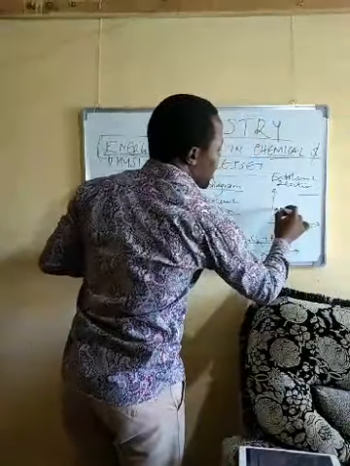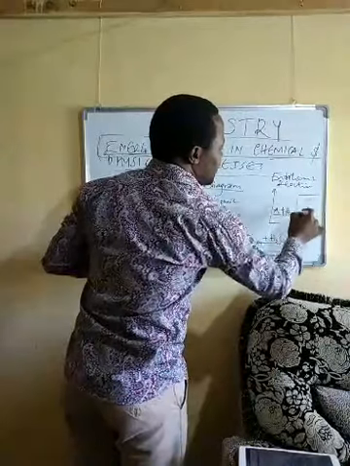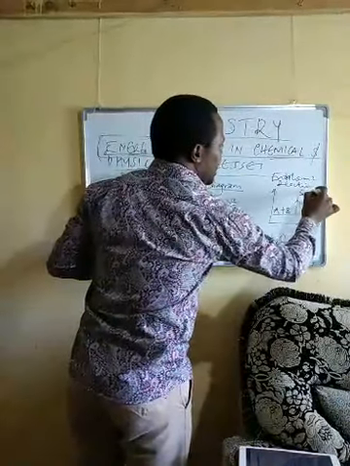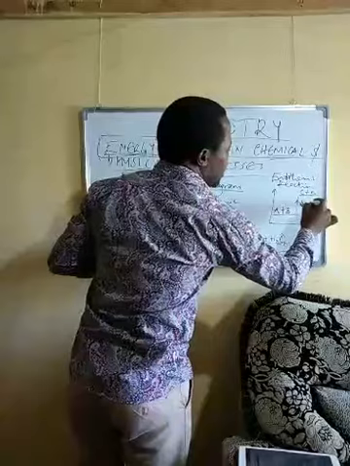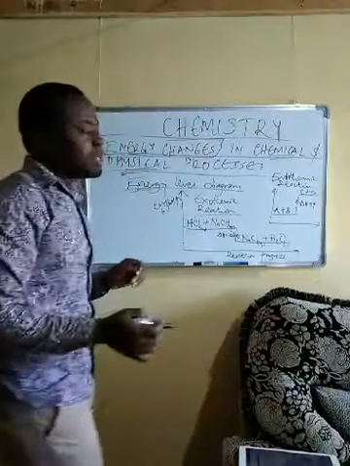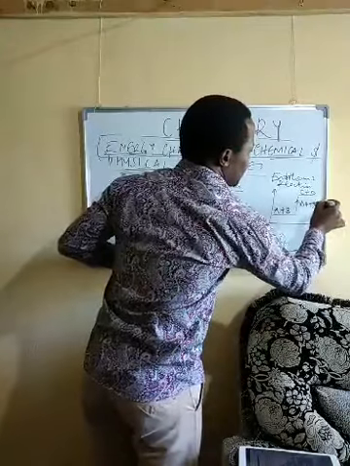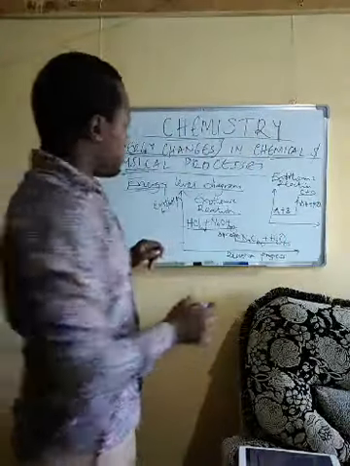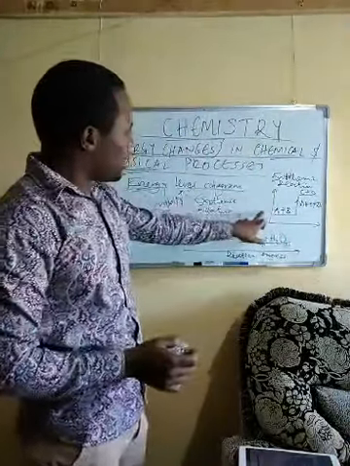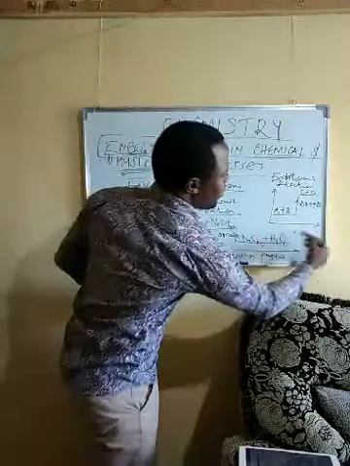So we could have A reacting with B to form C and D, and delta H here is positive. So this is enthalpy on this side, and this is reaction path on this side.